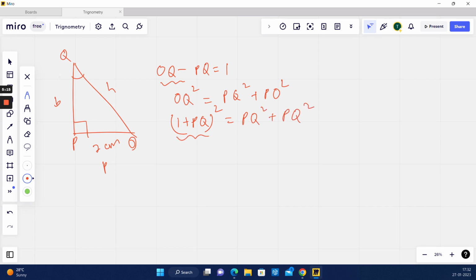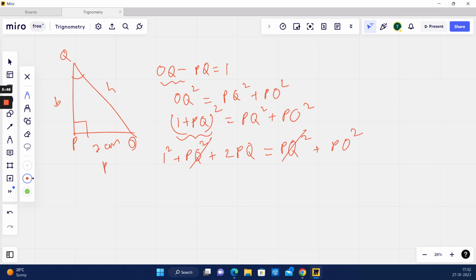So if we split, (A plus B) whole square is equal to A square plus B square plus 2AB. So this is (1 plus PQ) whole square equal to PQ square plus PO square, right?